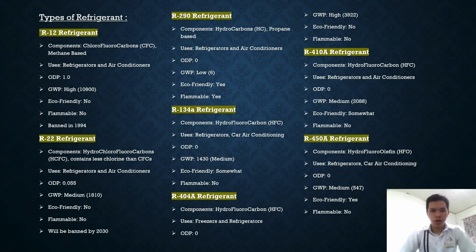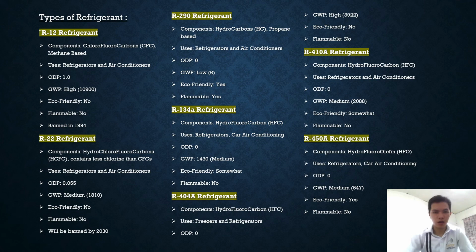So there are different types of refrigerant: the R12, R22, R290, R134A, R404A, R410A, R450A. Some of these have been banned because they are not environmentally friendly.